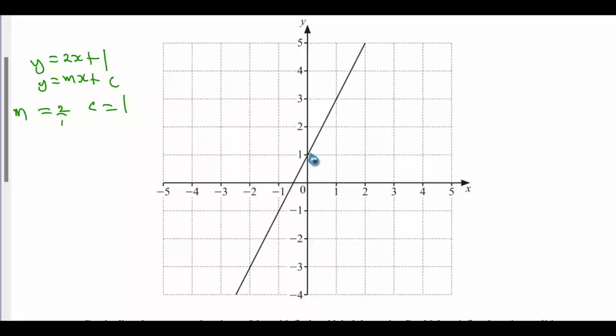So if the intercept is here, you go up 2 times, 1, 2, then move forward once, 1, so you have another point here. So this means that this line is y equals 2x plus 1.